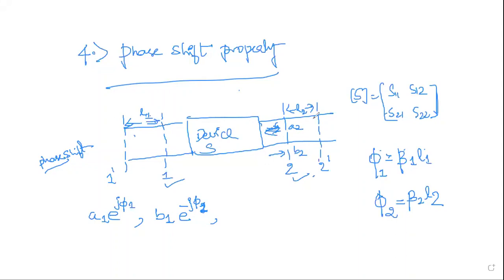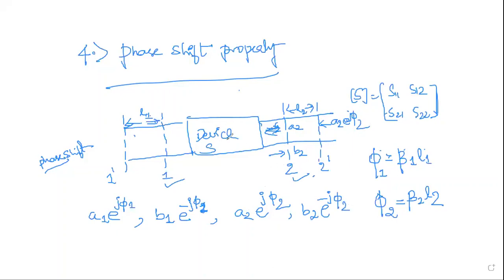After you shift by a length L2, it will be A2 e to the power j phi2, which is the phase change. Similarly, the reflected will be B2 e to the power minus j phi2.